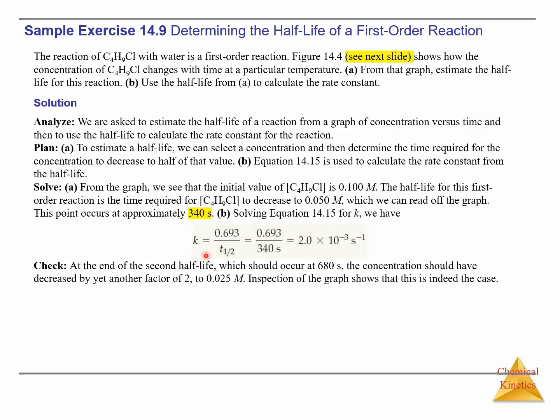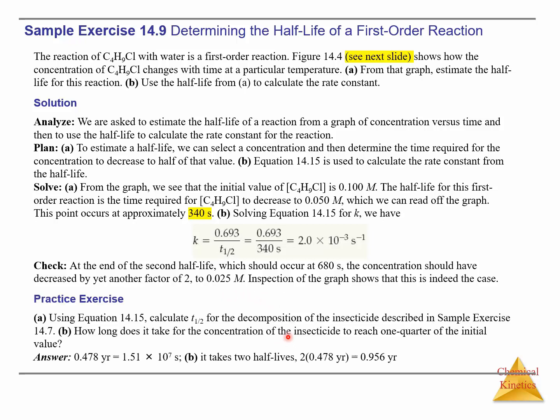And we can solve for k, and k equals this. So at the end of the second half-life, which should occur at twice this, 680 seconds, the concentration should have decreased by another factor of 2, and that's 0.025 molar. Inspection of the graph shows this is indeed the case.